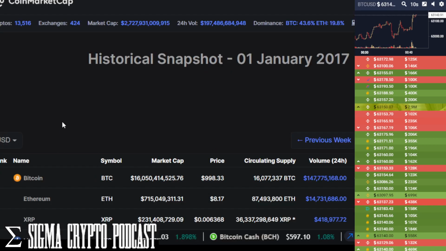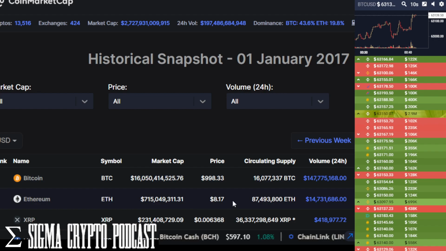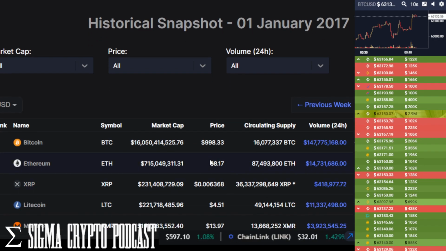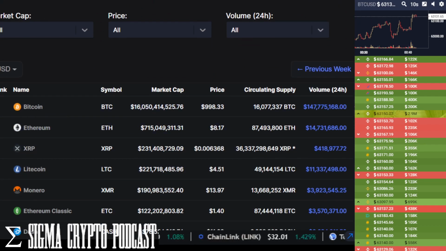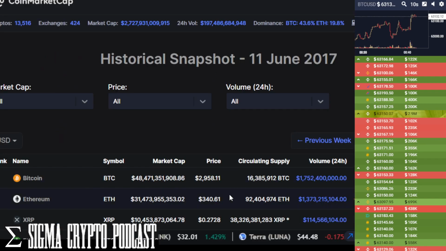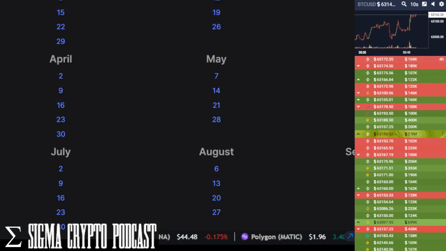I bought in June of 2017. Ethereum, wow. Ethereum was $8 in January 2017, and I bought around June 11th, and look at what it was: $340. So it mooned from $7 to $340 within like 6 months.